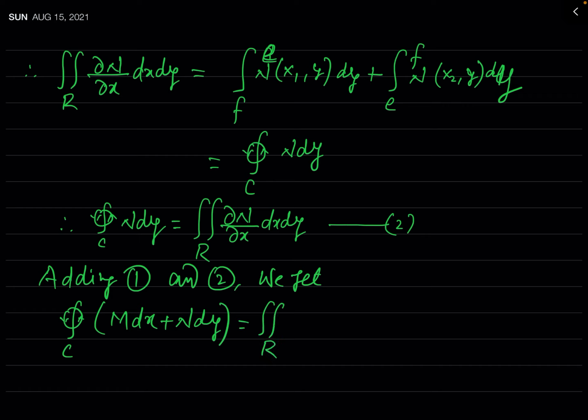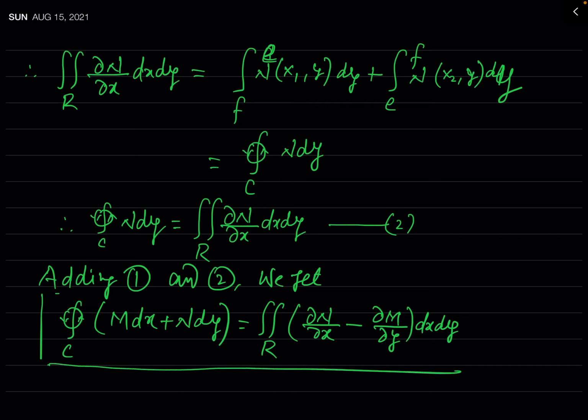Integral over r, and you can see this will be del n by del x minus del m by del y dx dy. And actually this is nothing, this is simply the Green's theorem in a plane as you have seen in the statement. So in this way we can easily prove this Green's theorem in a plane.